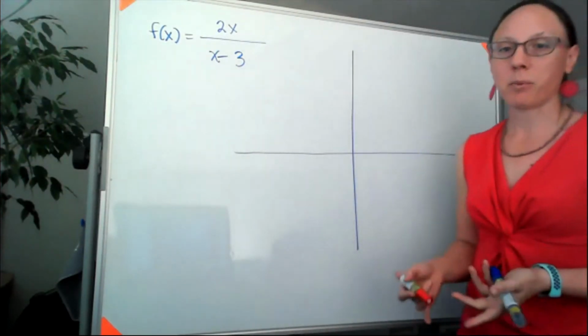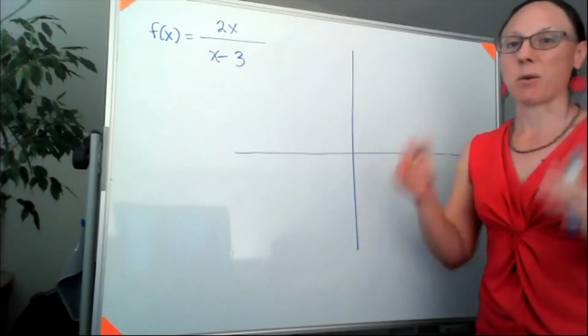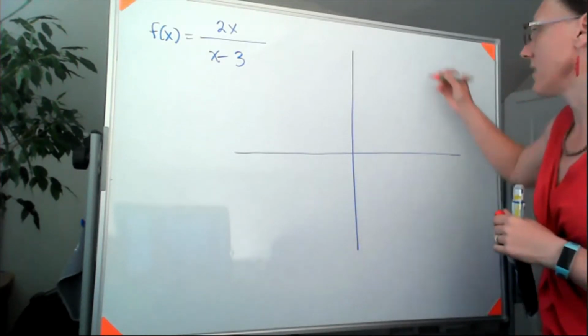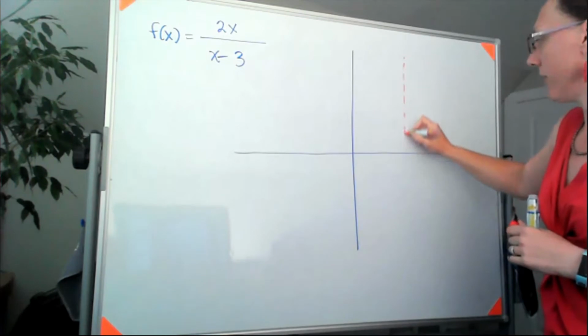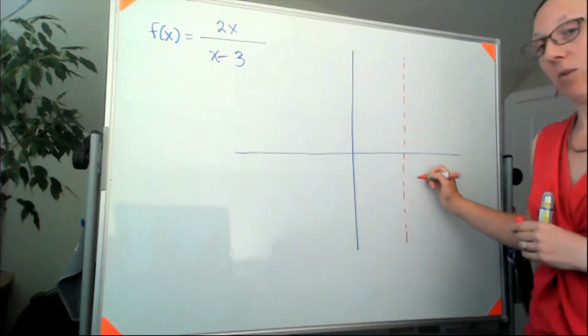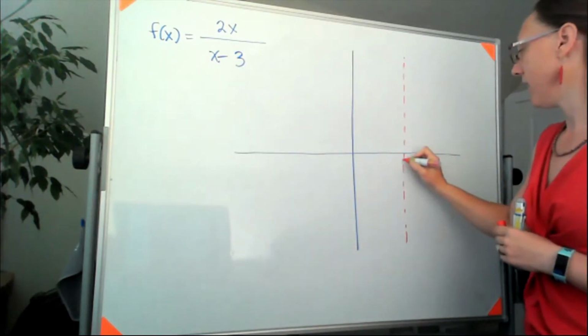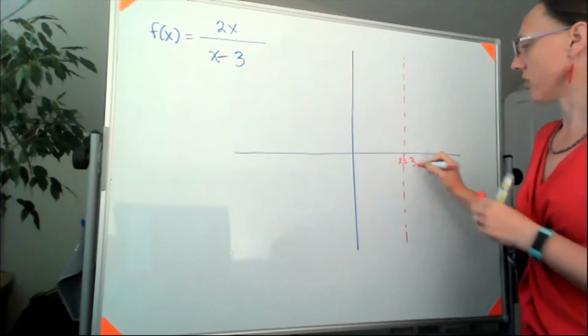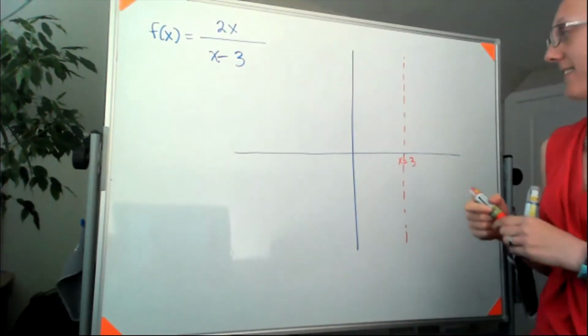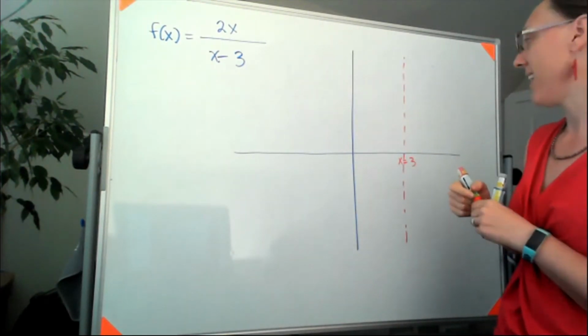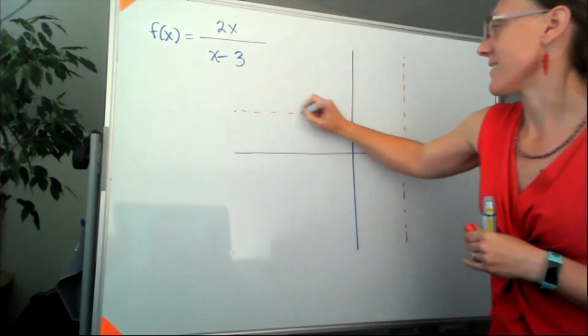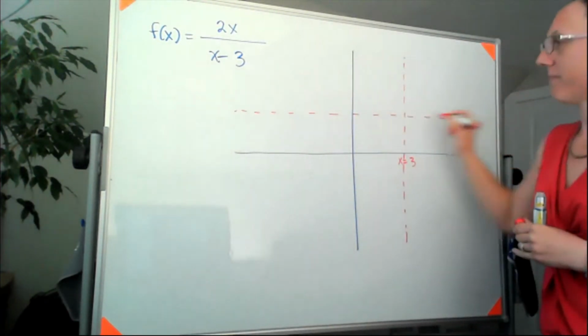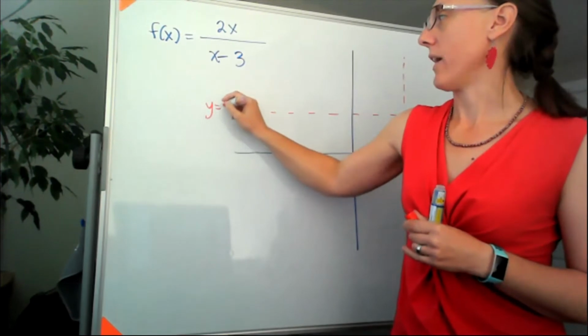And from a previous life, at some point in pre-calculus, you probably practiced graphing rational functions. This rational function has a vertical asymptote at 3, and it has a horizontal asymptote at y equals 2.